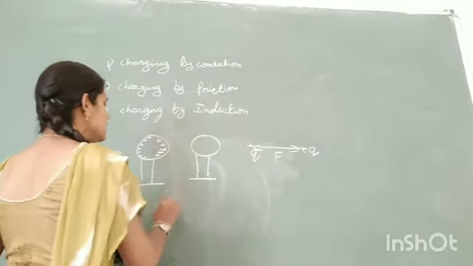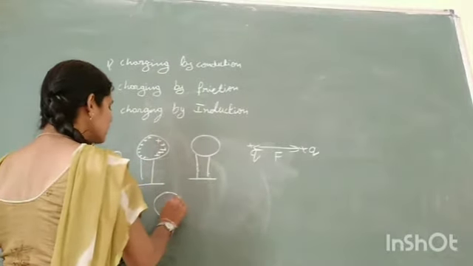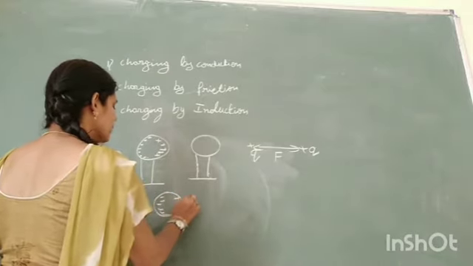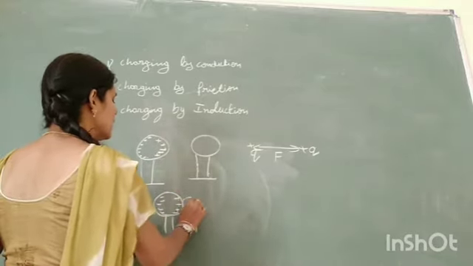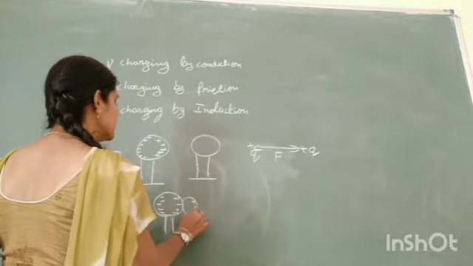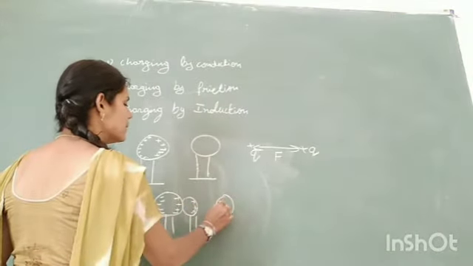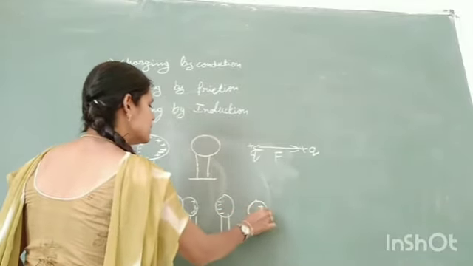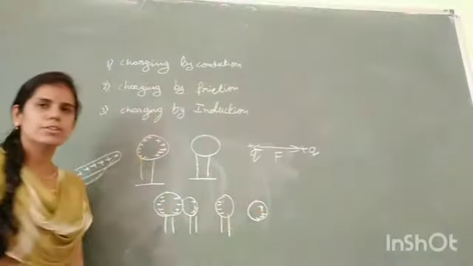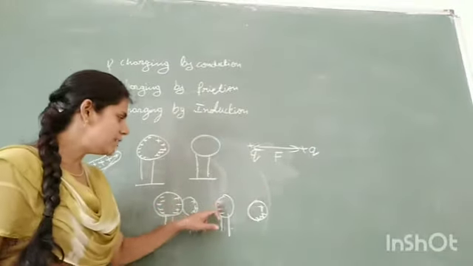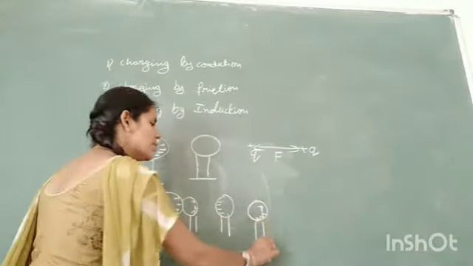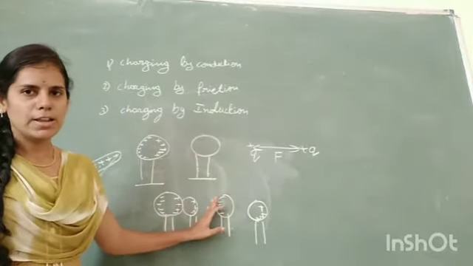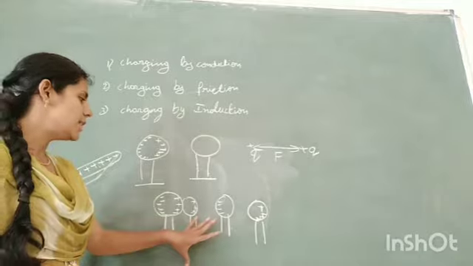Another uncharged body, if I bring it into contact with this uncharged body, now it accumulates positive charges, and here it becomes negative charges on it and this becomes positive charges on it. So one of the uncharged bodies becomes positively charged and the other becomes negatively charged. In this way we can make a charge on our body.